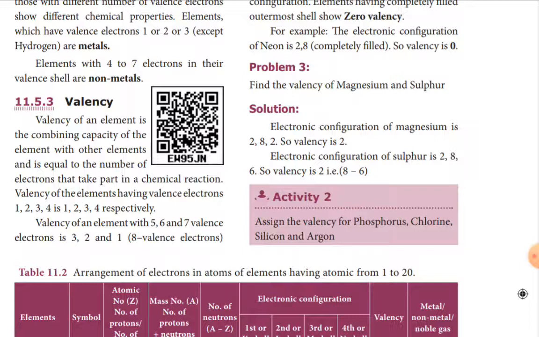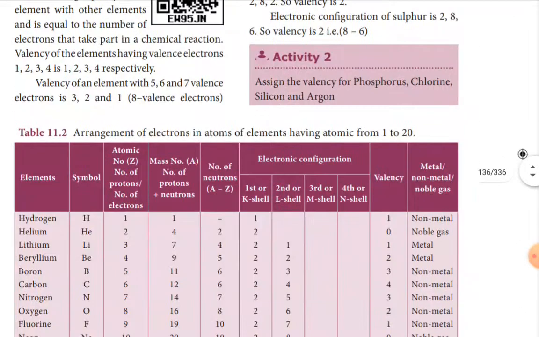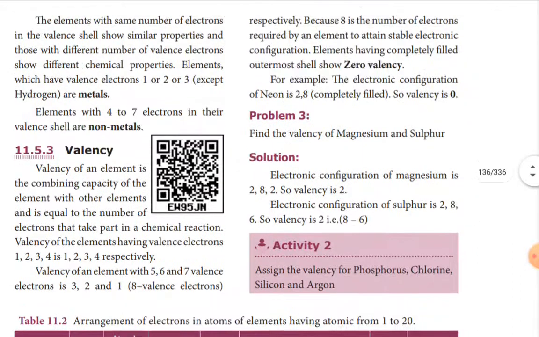Then 6 valence electrons means 8 minus 6, so valency is 2. 7 valence electrons means 8 minus 7, so valency is 1.